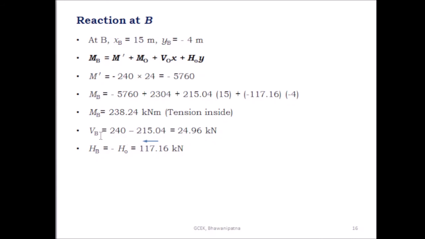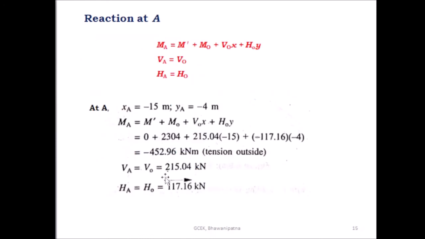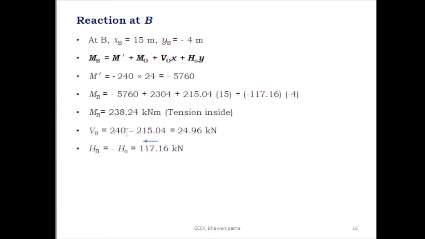Then the vertical reaction at B, that you can find out. So what is the load acting on the fixed arch minus the vertical reaction at A? Here you got the vertical reaction at A is equal to 215.04 kilonewton, and the load acting is 240 kilonewton.